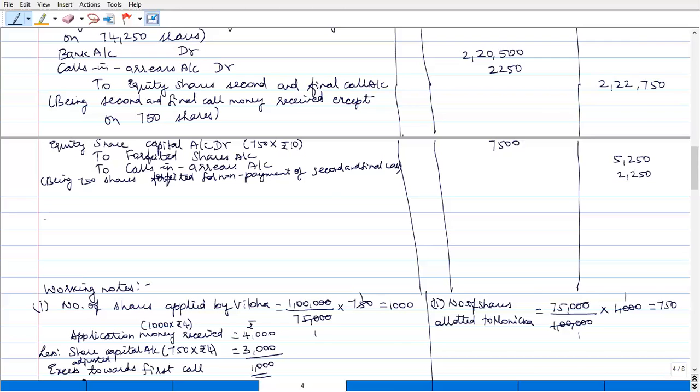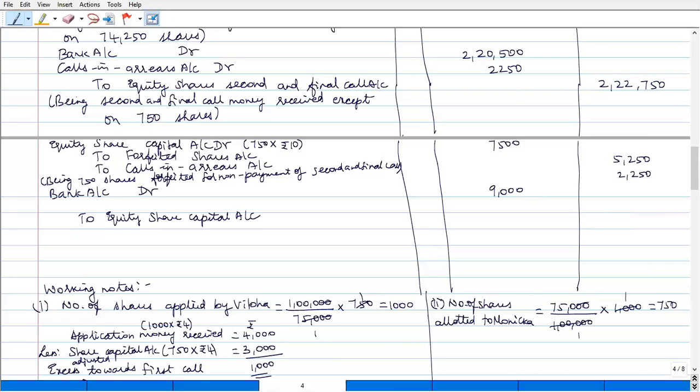Right, now we have to pass the entry for the reissue. We have reissued for rupees 9,000 and we are going to credit the equity share capital account with full face value. So equity share capital account has to be credited with full face value, that is 1,500 into 10 rupees.